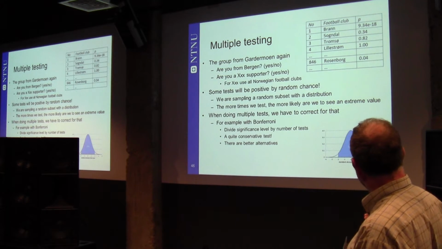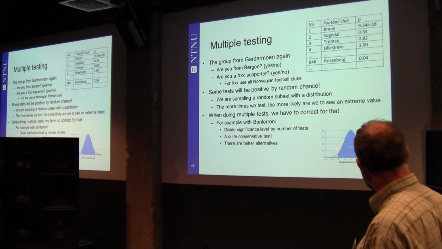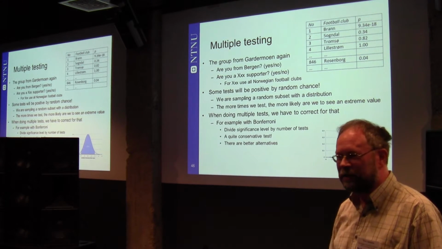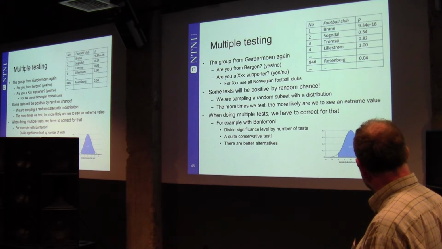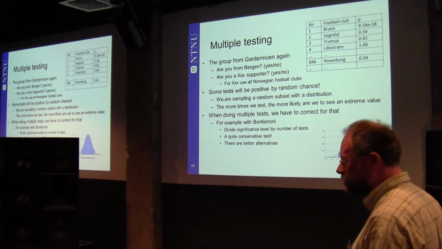And the problem is that this can happen just by random chance, because you are actually searching inside a distribution. And the more times you ask the question, the more times you do this test, the more likely it is that at least once or twice you will be in the outskirts of this distribution.